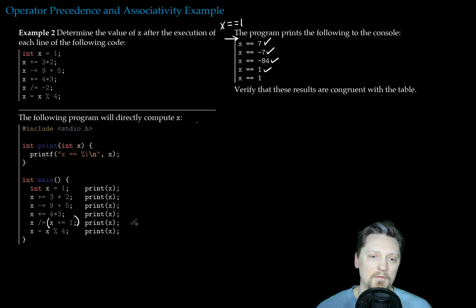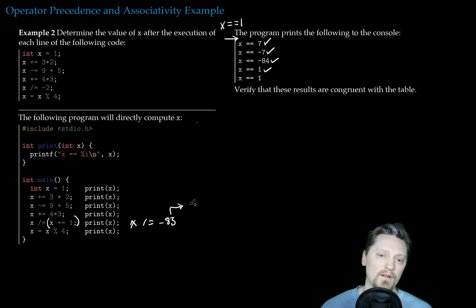So just to write this out, it was x divide equals, after we did this operation, we had negative 83, and x divide equals is going to divide x by whatever x is, which we just assigned x the value of negative 83 in this step.